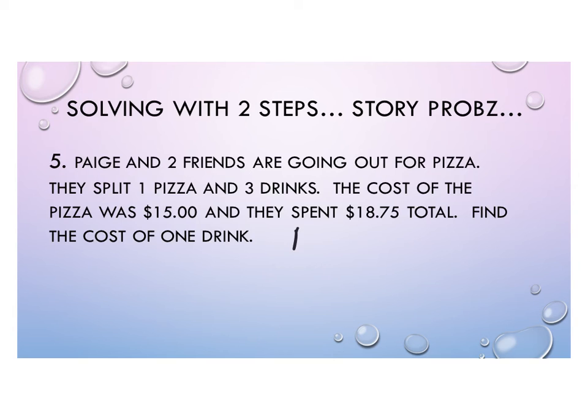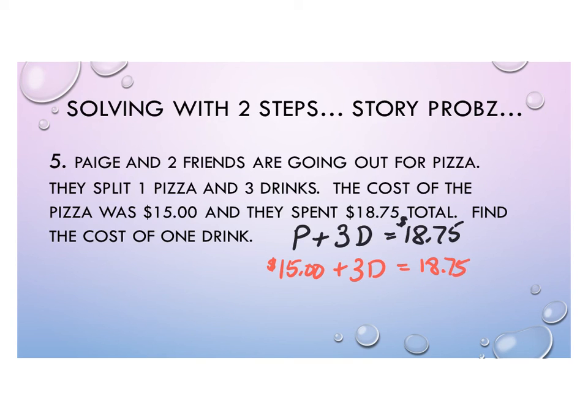They ordered 1 pizza, they ordered 3 drinks, and we know that that cost $18.75. Okay. Now we also know the pizza was 15 of that. So we have $15 we can sub in for P. Then we have 3D, and we have $18.75.